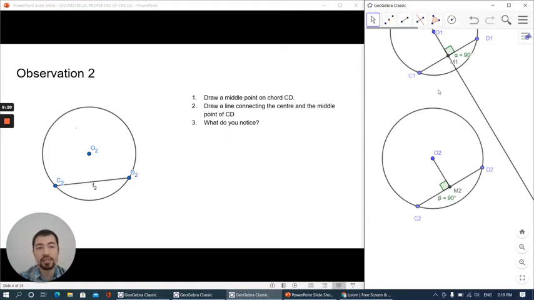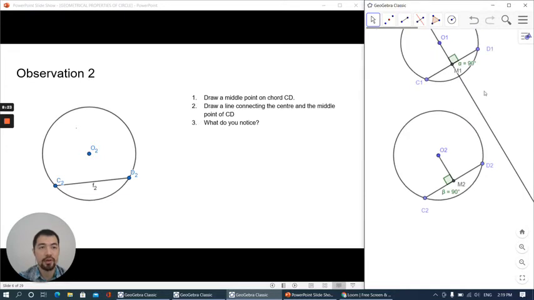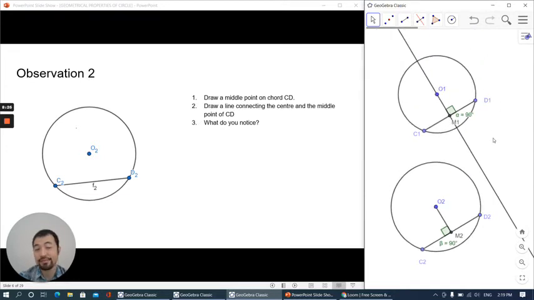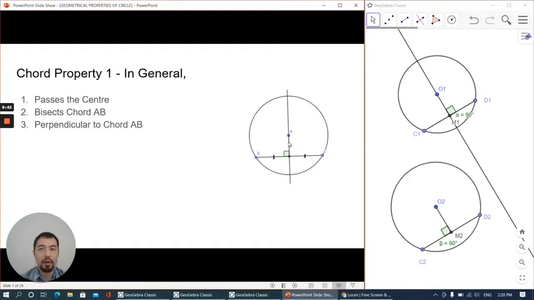Okay, so from these two observations, we can also say, without looking at the third observation, that if a line passes through the center and is perpendicular to the chord, it will actually divide the chord into two equal parts, or in a simple word, it's called bisecting.